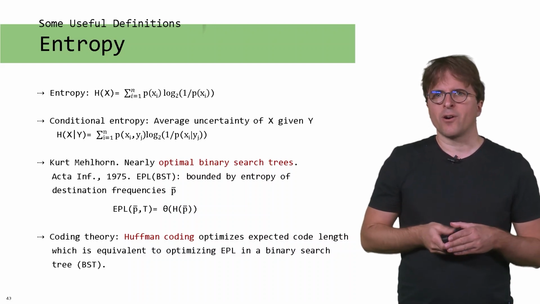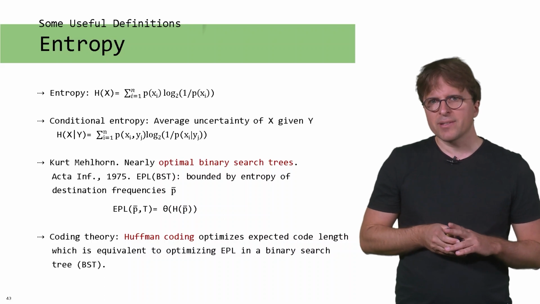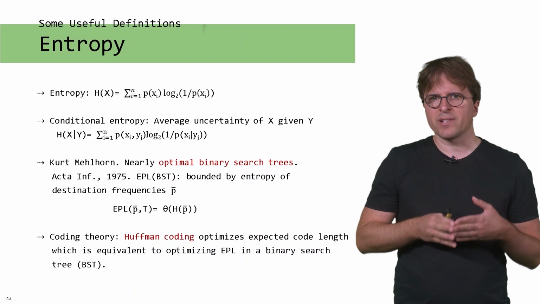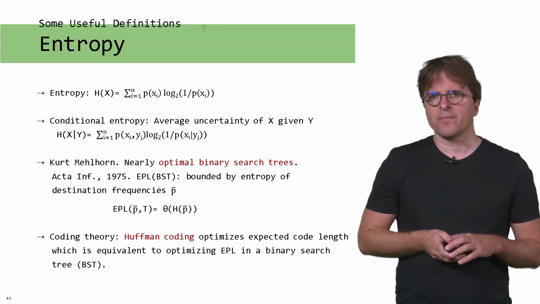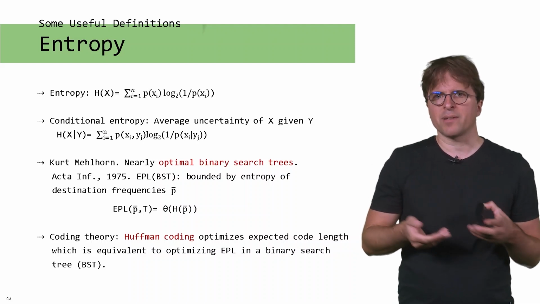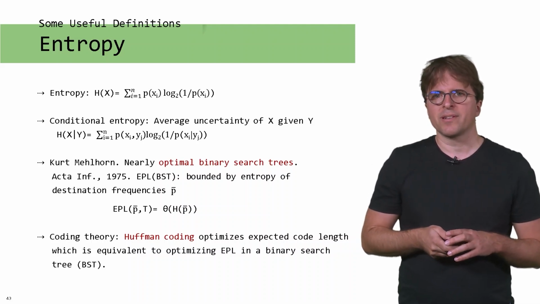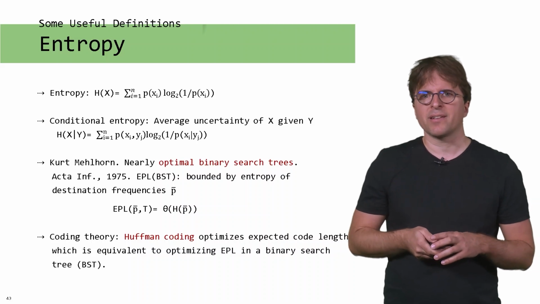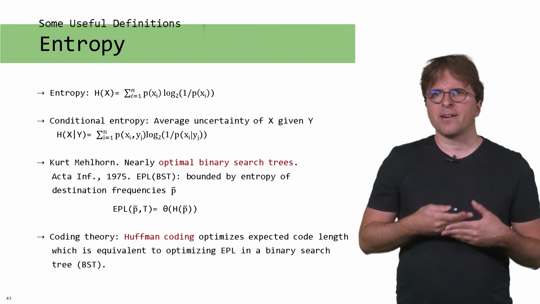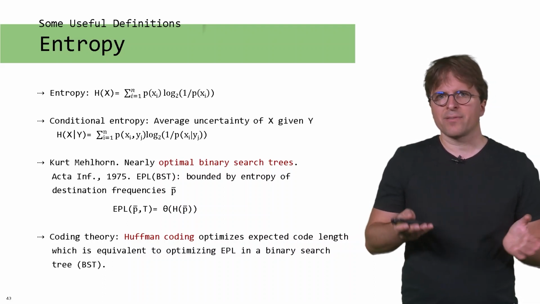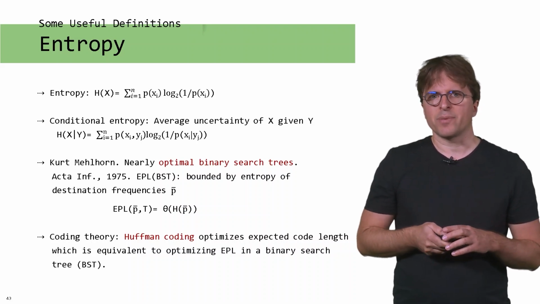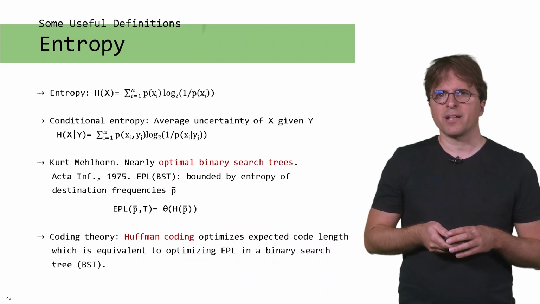Often in coding you also have binary trees, and there typically the binary trees are prefix free, so you're communicating the letters of the alphabet in a binary form that is a prefix free code, and I will show you an example of that in a second. And again, also in Huffman coding, the expected code length is related to the entropy, similar to the access cost in the binary search tree.